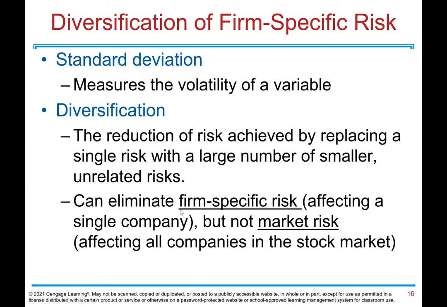Diversification can eliminate firm-specific risk, a risk that's affecting a single company, but does not eliminate market risk. Market risk is a risk that affects all companies in the stock market.